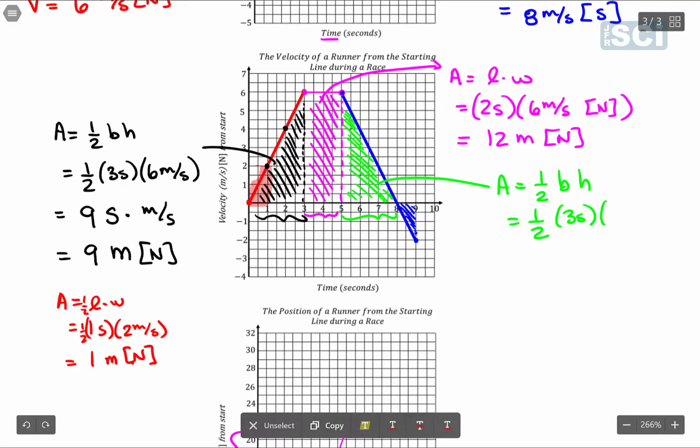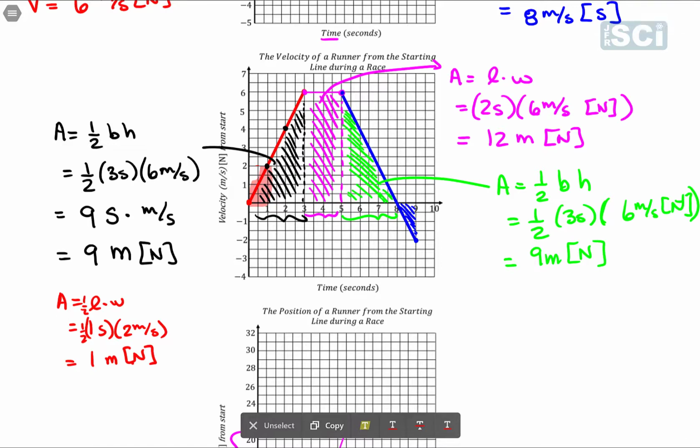My height is decreasing by 6, but it's still 6 meters a second north. I don't know why I said east. If I calculate this through, I get 9 meters north. So I'm still going to increase by 9 more meters.